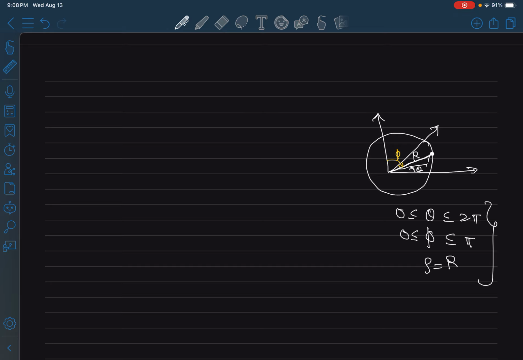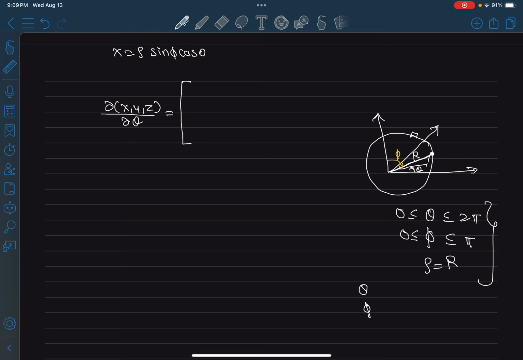So now we need to find out, when there's a small change in theta and a small change in phi, what is the surface area that's covered on the surface of the sphere? Again, the same thing. We first try to find the change in the coordinate vector when there's a small change in theta, which we actually already found. So this was rho sine phi cos theta, rho sine phi sine theta, rho cos phi.